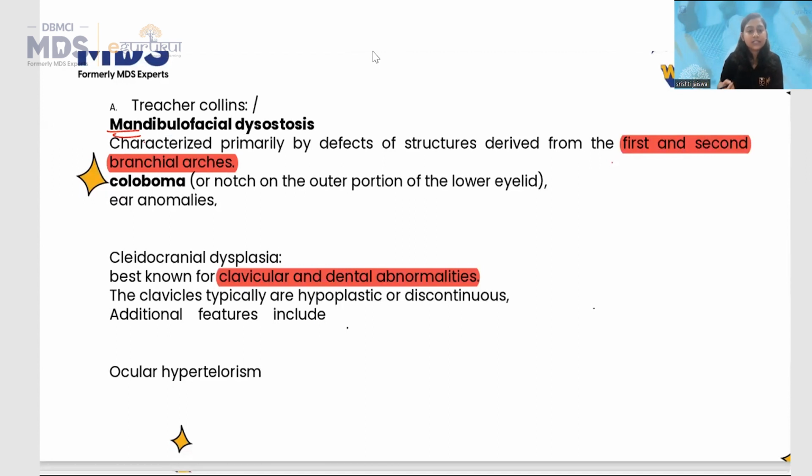It is the first and the second branchial arch. So it is characterized by defect from the first and the second branchial arch. What is coloboma? That is outer portion of the eyelid is depressed. So this is coloboma along with the ear anomaly seen in the Treacher-Collins syndrome. And which is the gene associated? TCOF1 gene mutation is associated with Treacher-Collins syndrome.